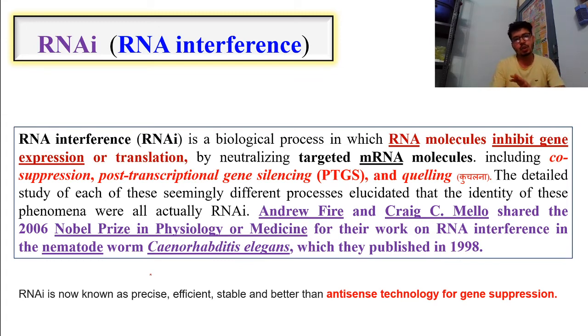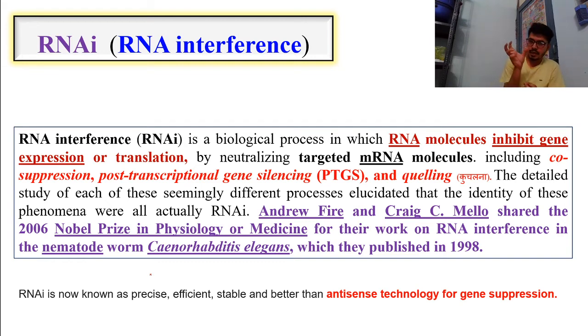Another technique is known as RNAi. RNAi is basically involved in inhibiting gene expression by inhibiting translation or neutralizing the target mRNA molecules. So in CRISPR-Cas9 you are editing the genome. In RNAi you are targeting mRNA, and you are reducing the endogenous mRNA expression.